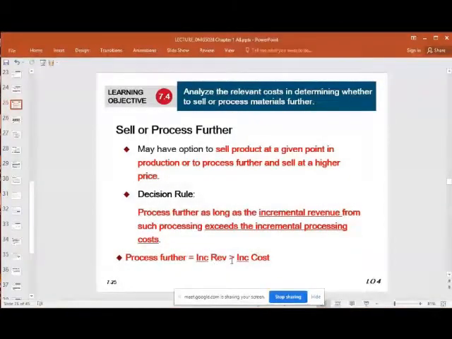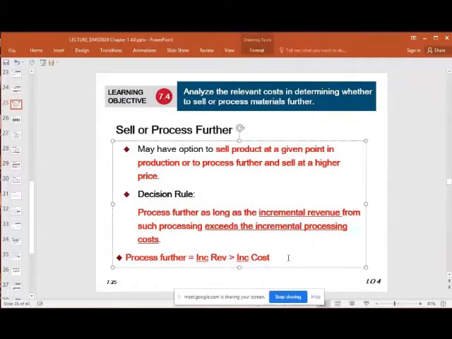Cost is higher, so you do not process further. So you sell. That is another quicker way to look at it. You sell when incremental revenue is lesser than incremental cost.